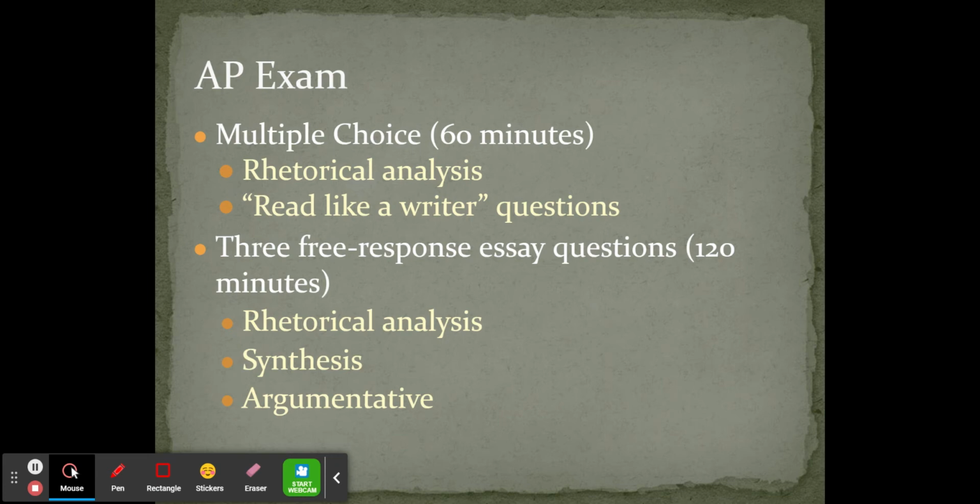In terms of the essay portion, which students get 135 minutes for, 15 minutes reading time plus 2 hours writing time, there are three essays that students have to compose during that time: the rhetorical analysis essay, the synthesis essay, and the argumentative essay.